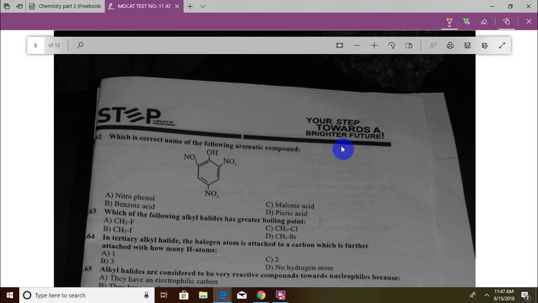Is it malonic acid or is it picric acid? What's malonic acid? That is a question that you can get. Now, malonic acid is actually a dicarboxylic acid, and it's like this actually. So it's this one. So it's obviously not this. So that leaves picric acid, and yes, picric acid is indeed the common name we are looking for.